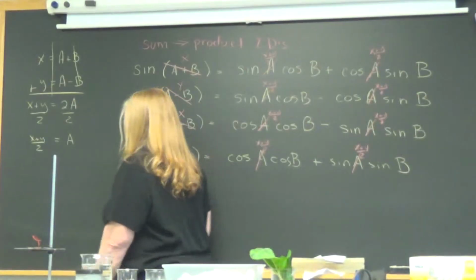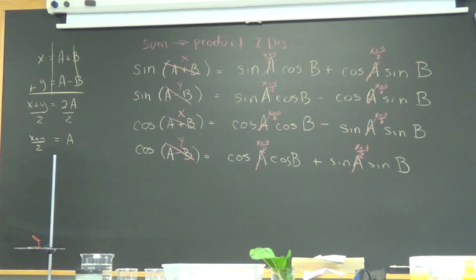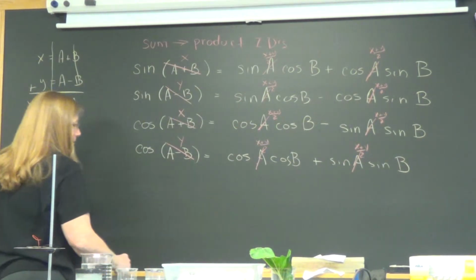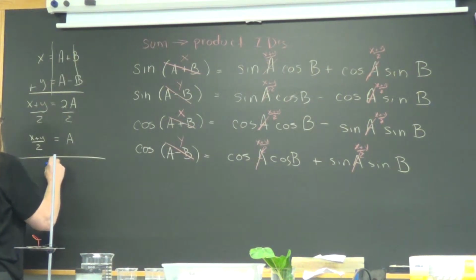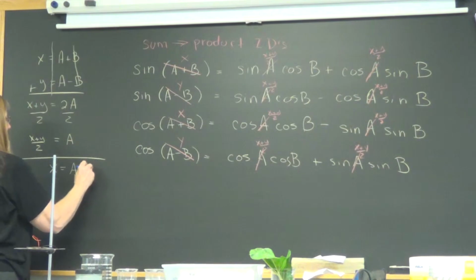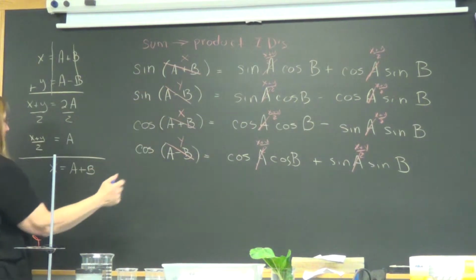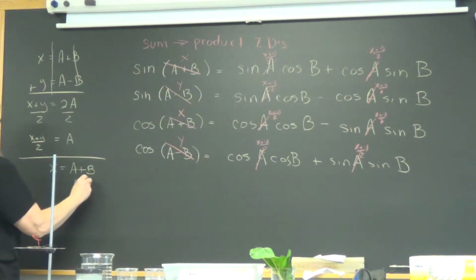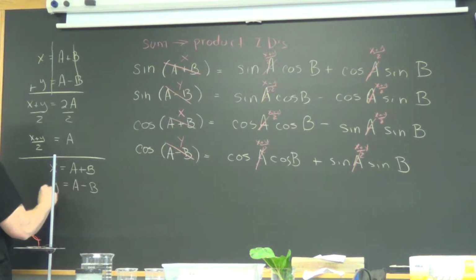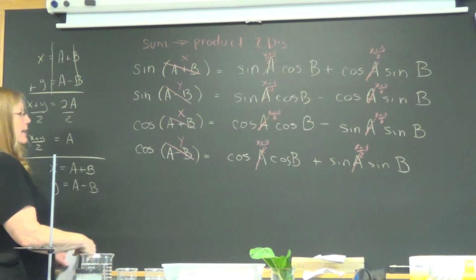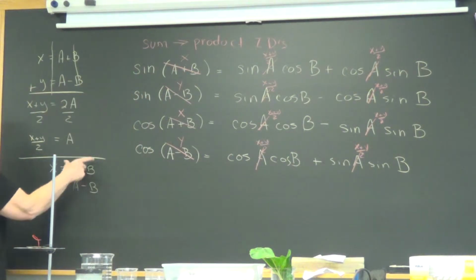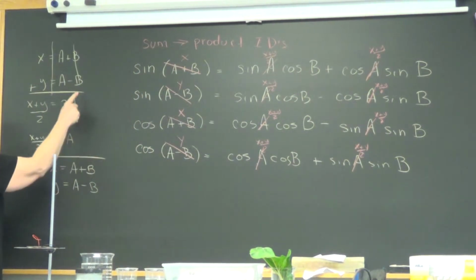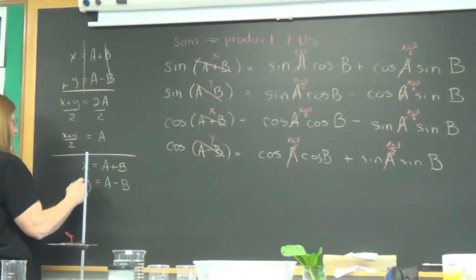Alright, so now all I have to do is substitute for B. So I'm going to go back to my original here, where I had X equals A plus B. Remember, that was my first substitution. Everywhere there was an A plus B, I put in an X, and everywhere there's an A minus B, I put in a Y. So now I need to substitute appropriately for B. I can't add these two equations because the B's cancel, so I'll have to change one of them.